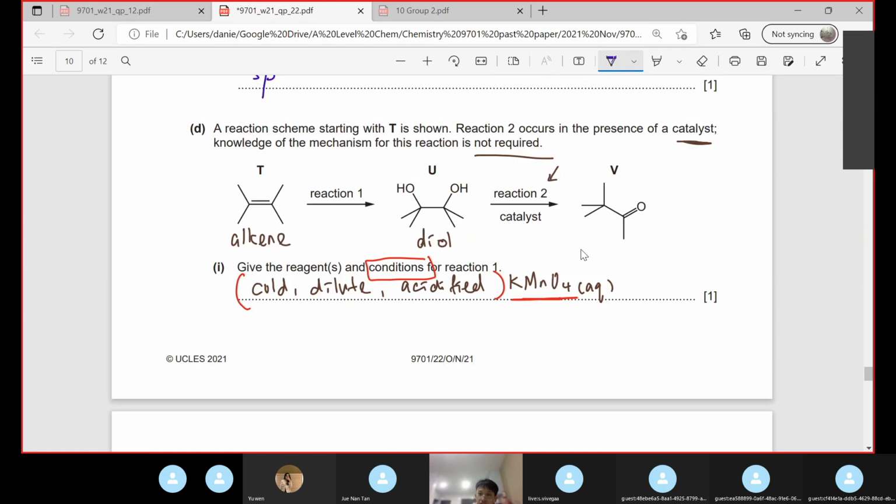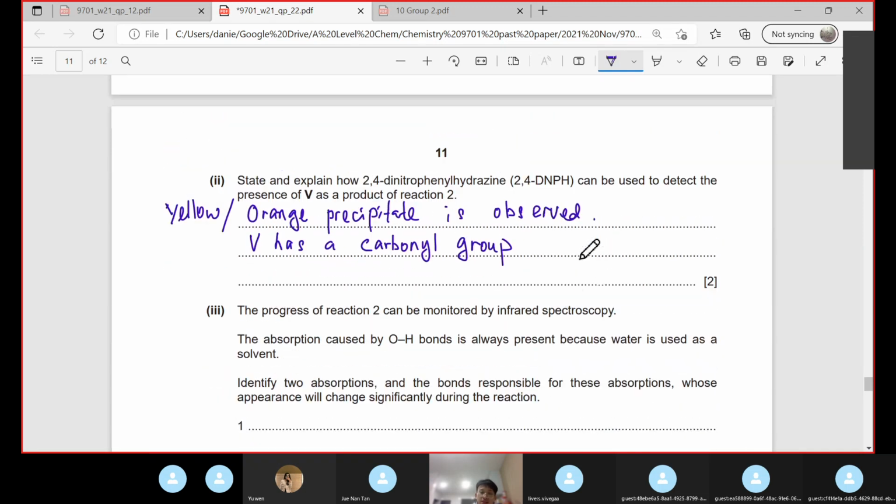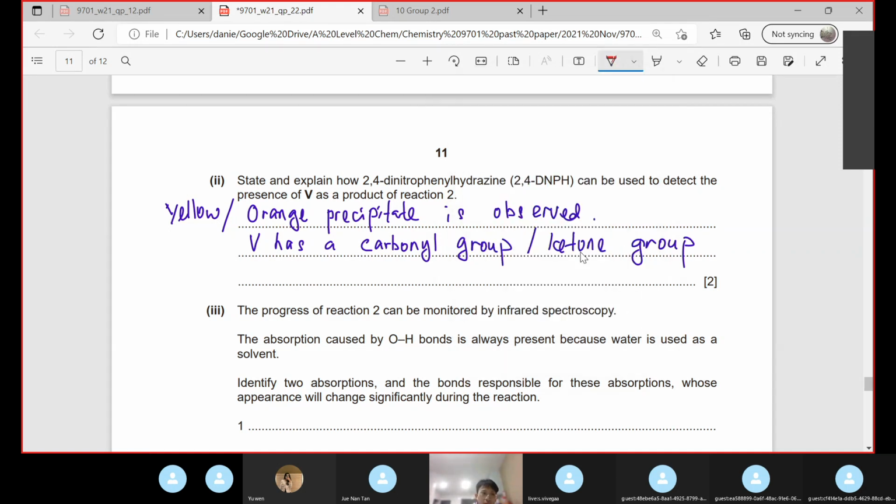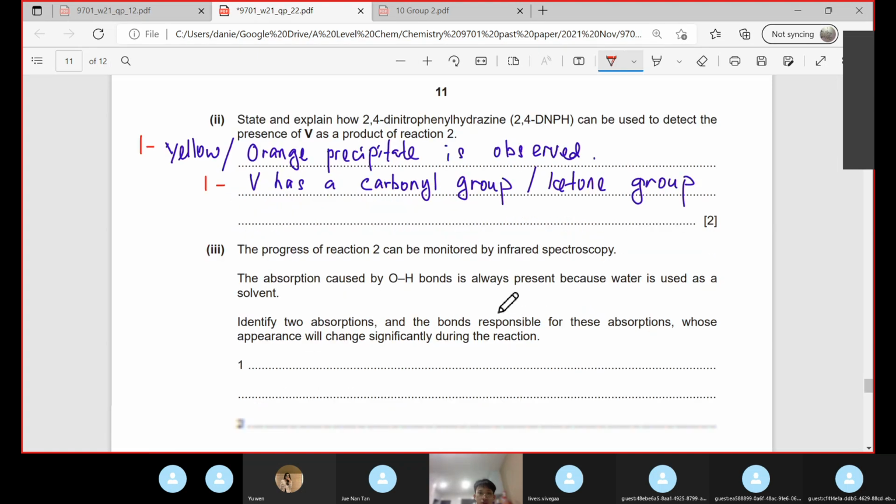V here is a ketone. Or you write it specifically: V has a ketone group, also can. 1 mark, 1 mark. So 2 marks here.